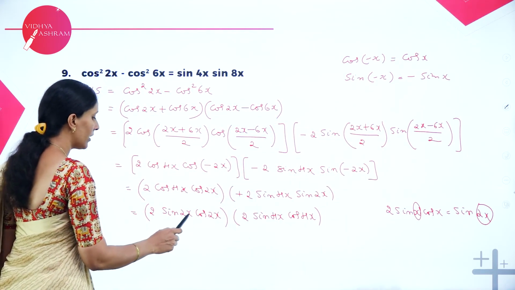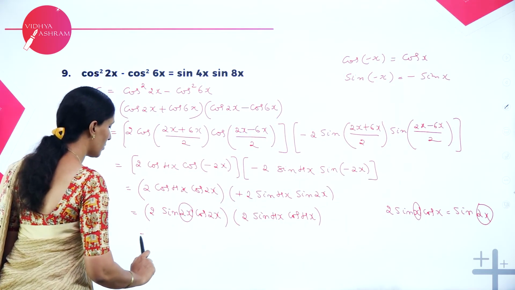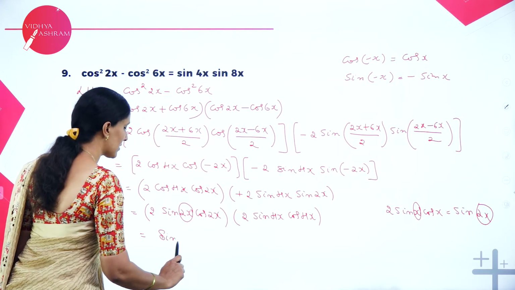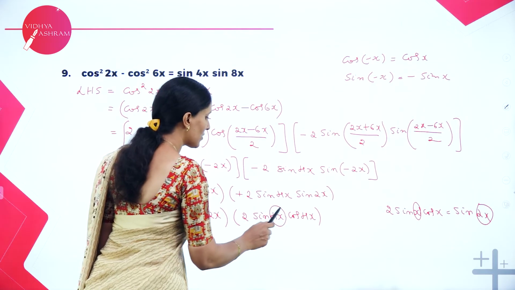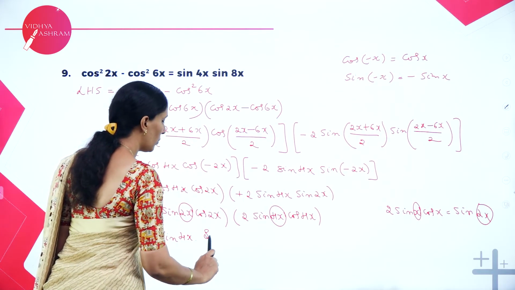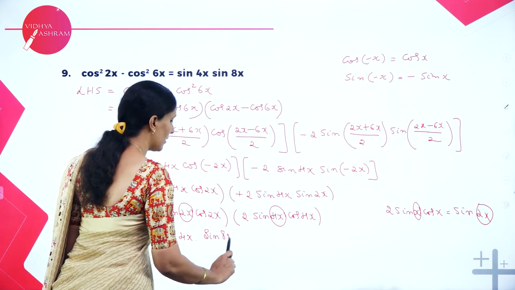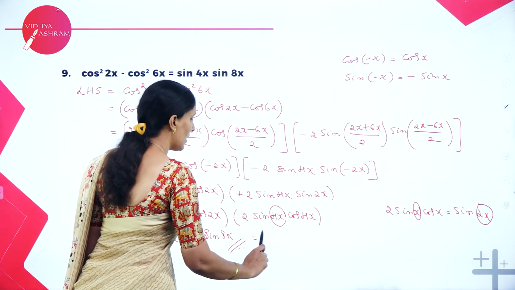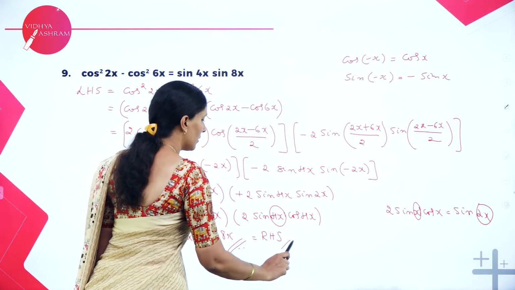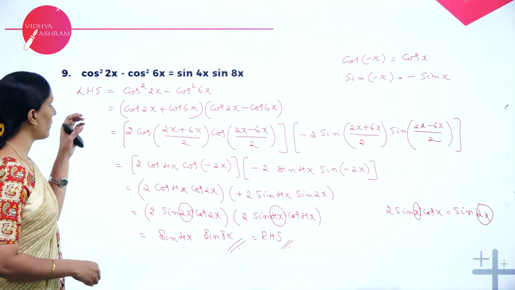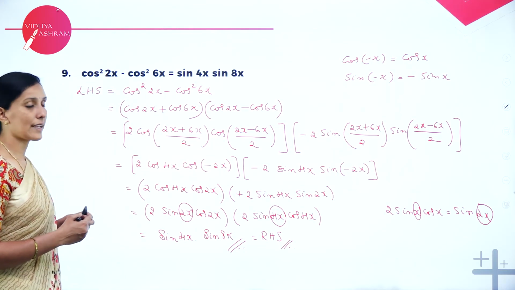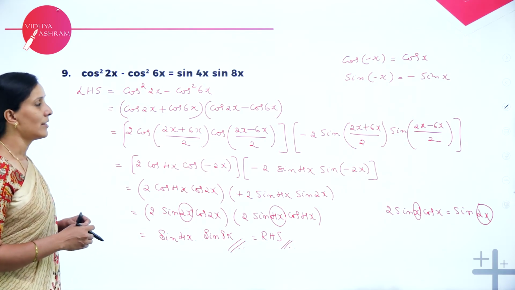So therefore here we have x as 2x, so this becomes sin 4x, 2 into 2x is 4x. And here we have x as 4x, so therefore this becomes 2 into 4x is 8x. Thus, this is the RHS of the given trigonometric identity.